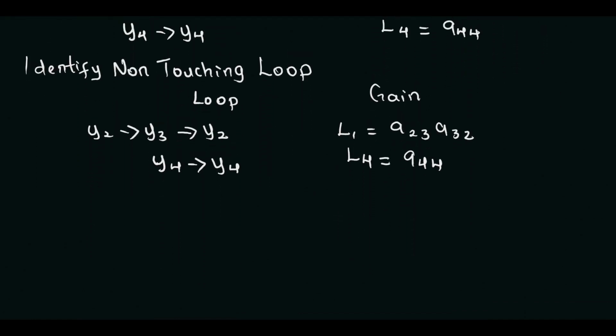Then you multiply them together. So your L1 times L4 equals A23, A32, A44. That's not touching. And the next step is to calculate the graph determinants.